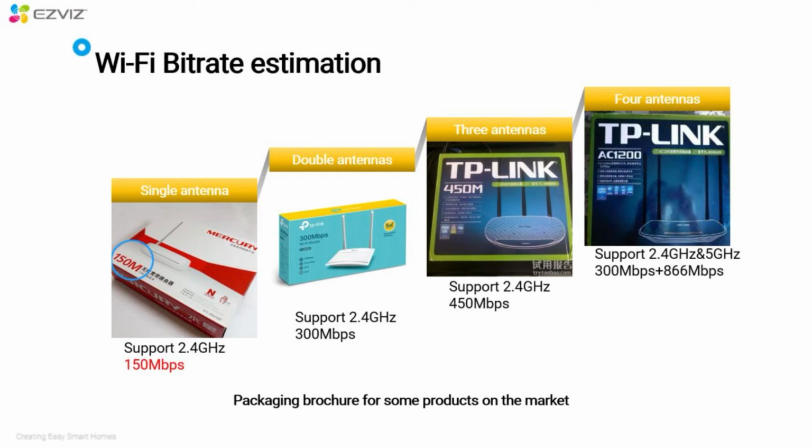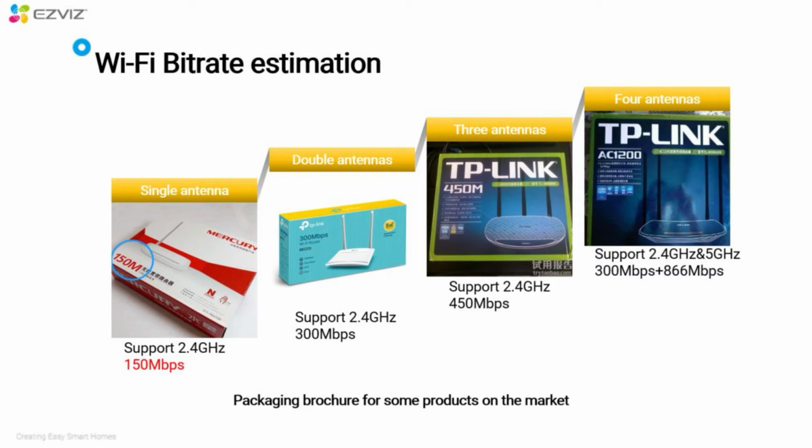These are the normal products of the routers on the recent market. So the single antenna router supports 2.4 GHz.